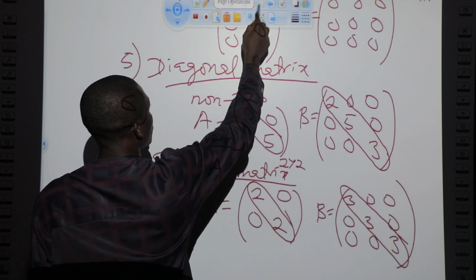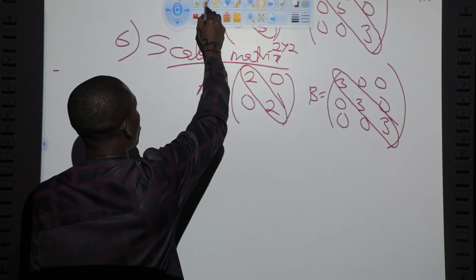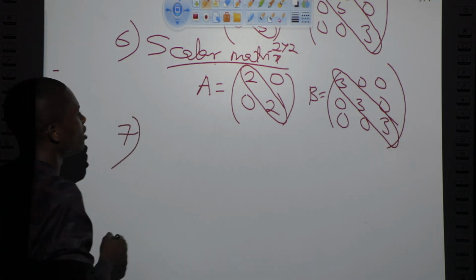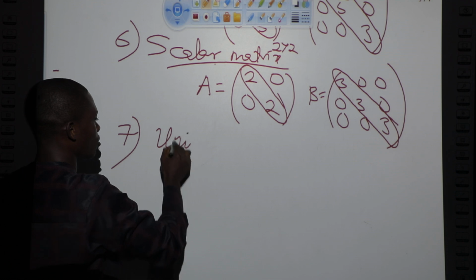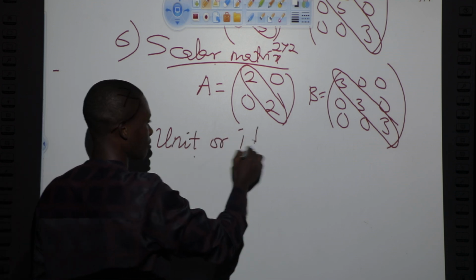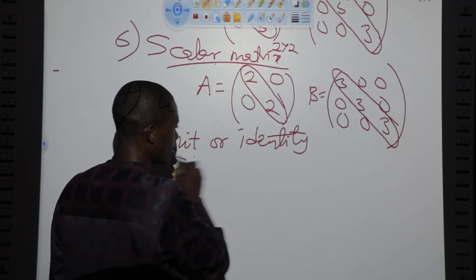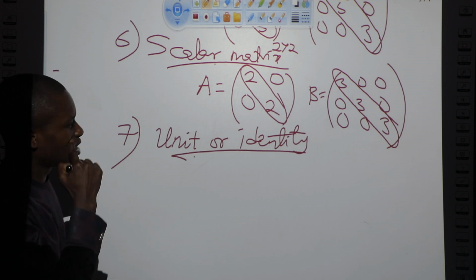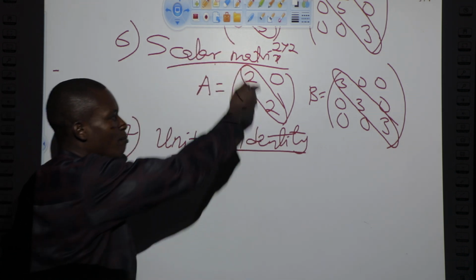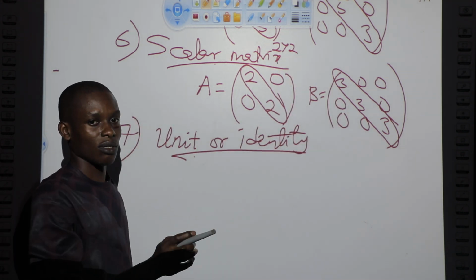Now, after this, we have another type of matrix which we call number 7. We call it the unit or identity matrix. This is a special type of scalar matrix in the sense that the main diagonal elements are 1 but zeros otherwise.